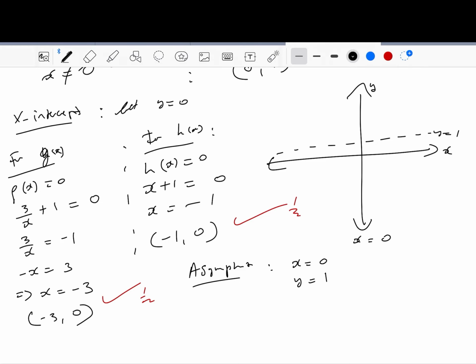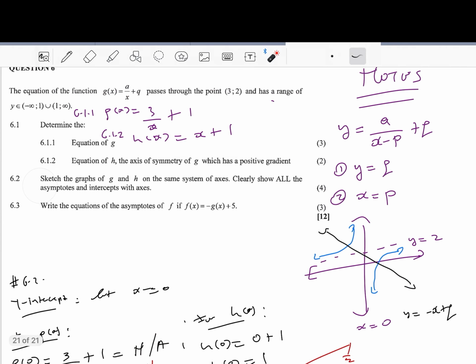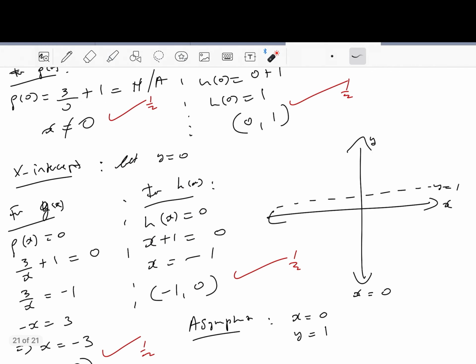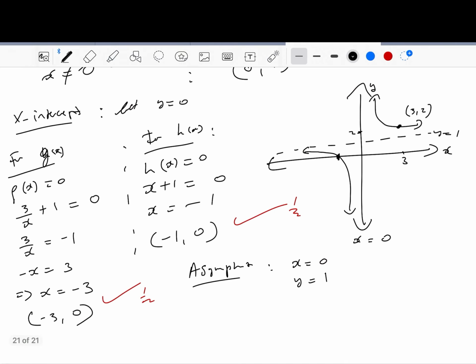Also remember we are told that we have the point 3 and 2 there, so that's fine. That means our graph works there. It's going to go past here, and remember the point 3 and 2: if this is 2 and this is 3, we have that point. And then we also have this point as well. But what is our x-intercept? Our x-intercept is for g.